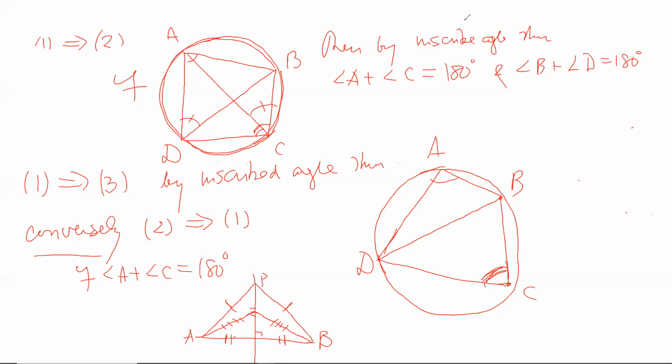If not, let's draw the circumcircle of triangle ABD. I want to show that C is on it. Then these 4 points are on the same circle, right?